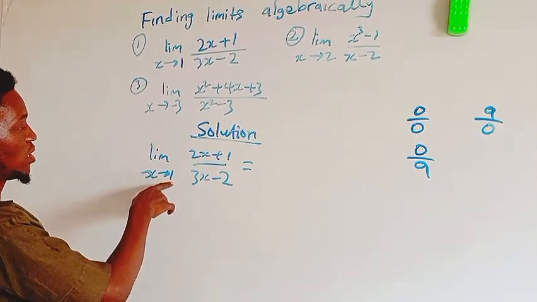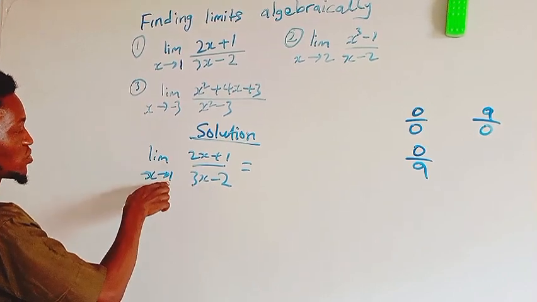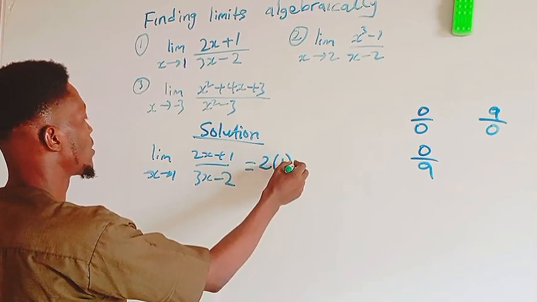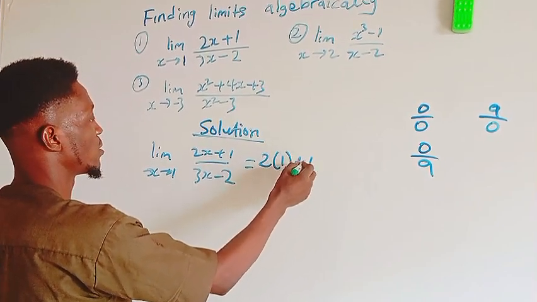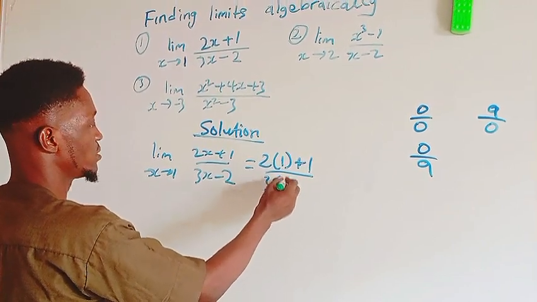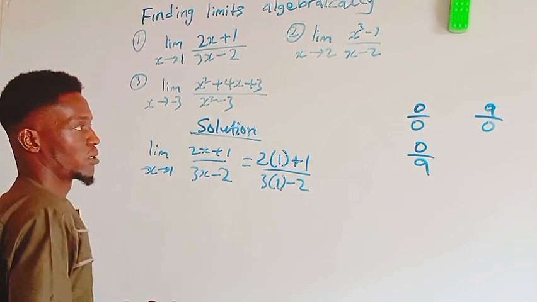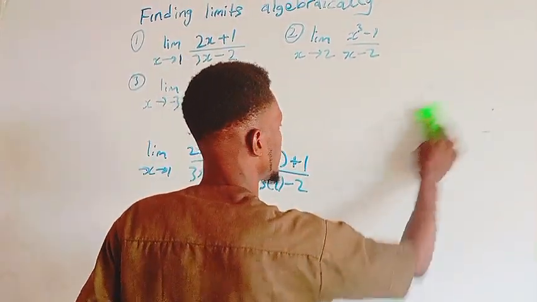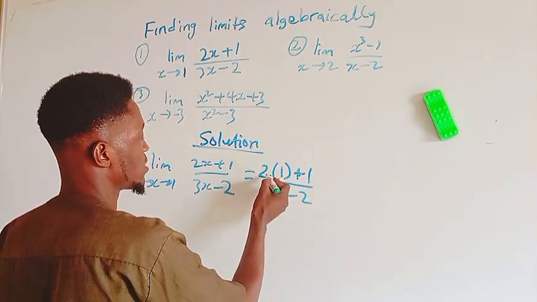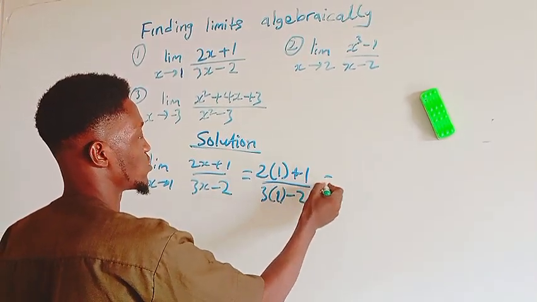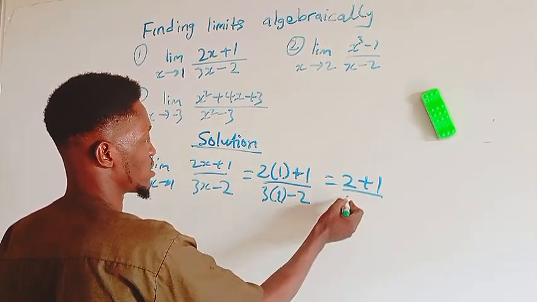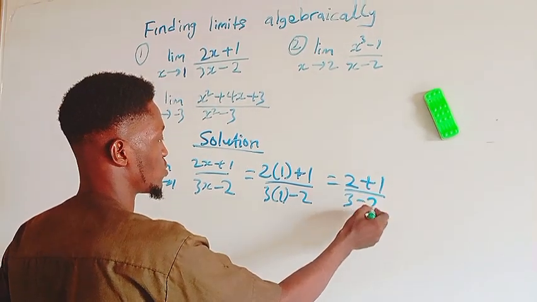Anytime you see x, you substitute it with 1. So it's going to be 2(1) plus 1 over 3(1) minus 2. 2 times 1 is 2, plus 1, over 3 times 1 is 3, minus 2.